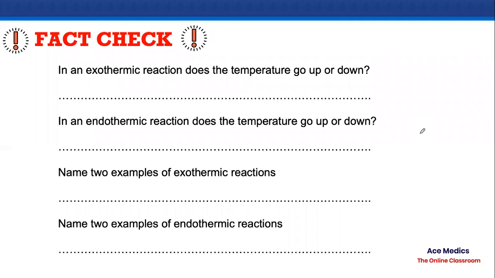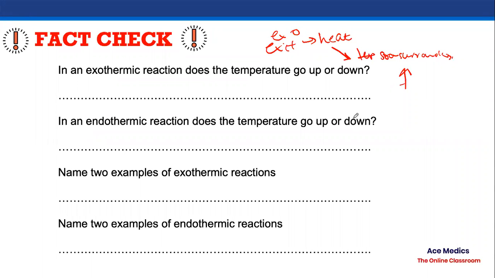Okay, so a couple of you put down. Remember, exothermic reactions, we are exiting the heat. So we're exiting that heat into the surroundings. So the temperature of the surroundings will go up, won't it?